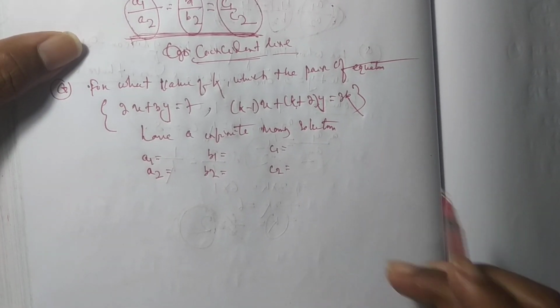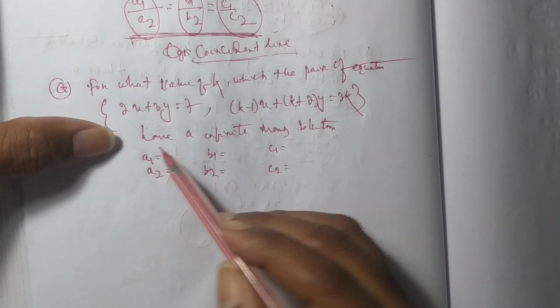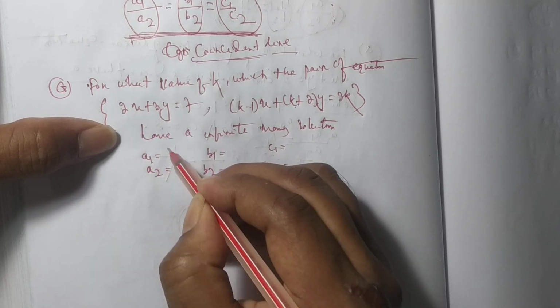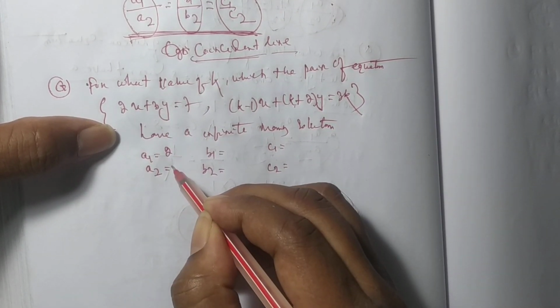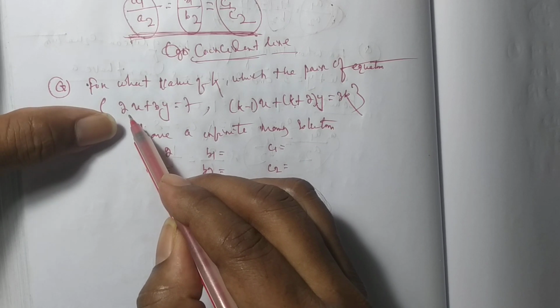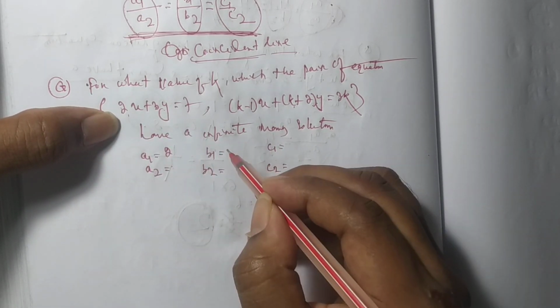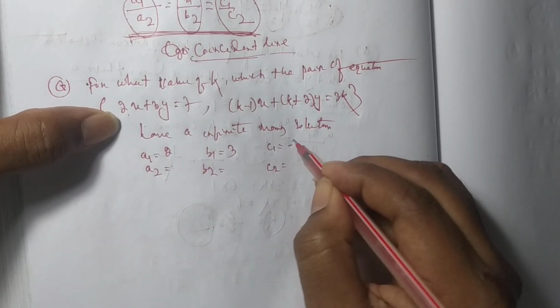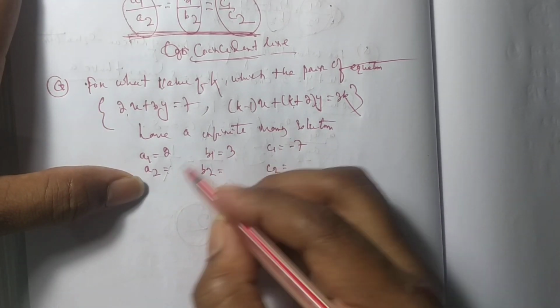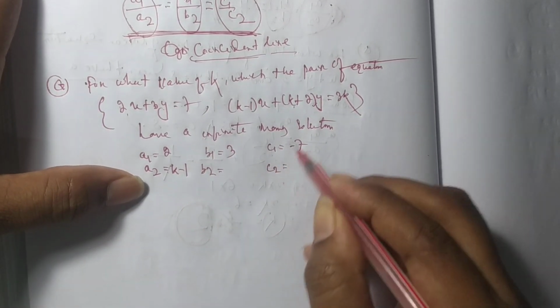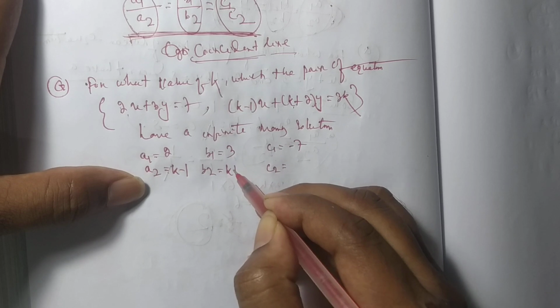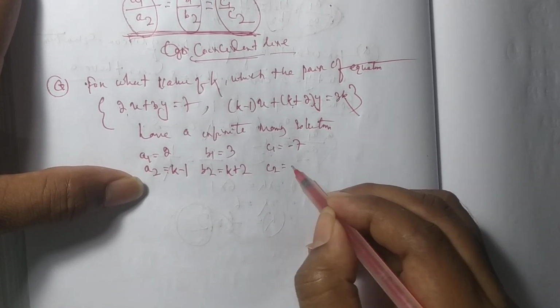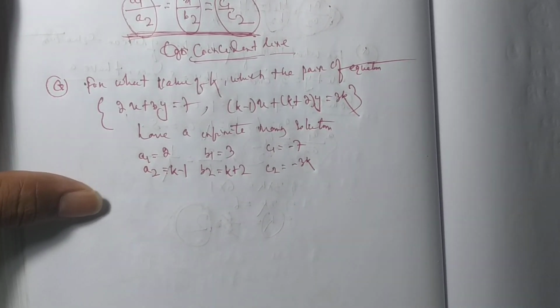So we know that a1 is 2, b1 is 3, c1 is minus 7, a2 is k minus 1, b2 is k plus 2, c2 is minus 3k.